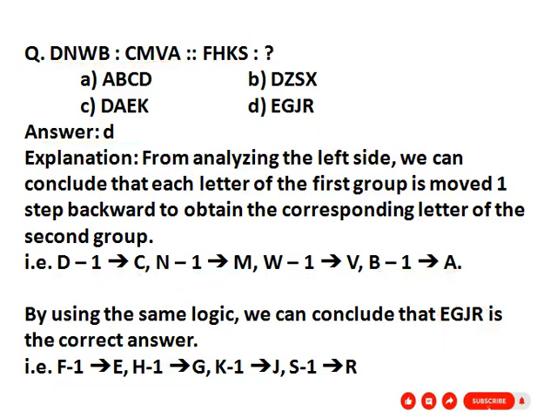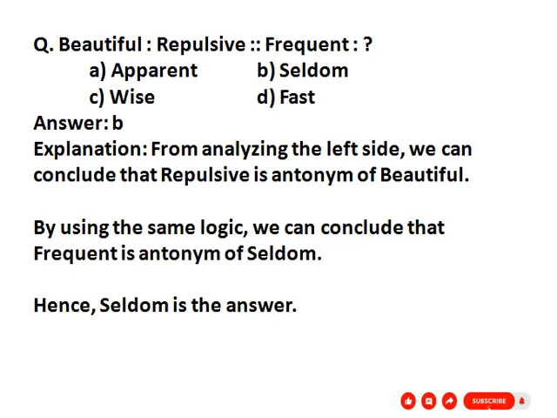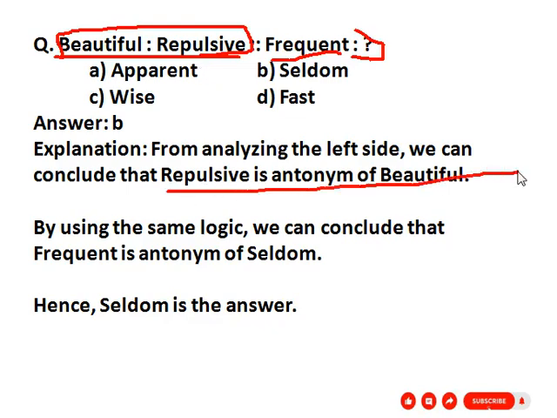Our next question is beautiful, repulsive, frequent, question mark. Here given in first group beautiful and repulsive. So what is the relation between beautiful and repulsive? So repulsive is the antonym of beautiful.